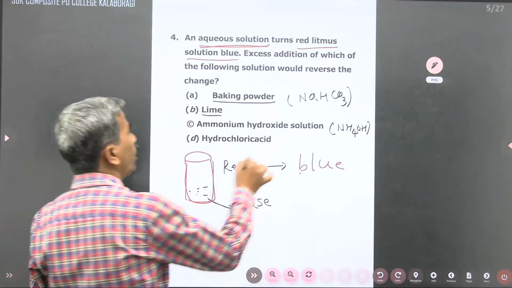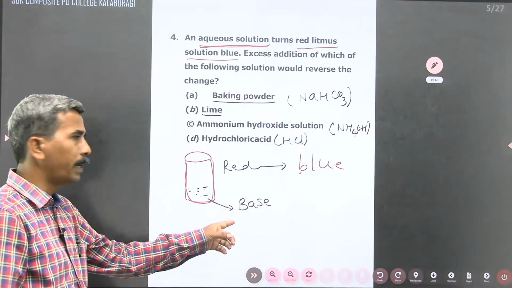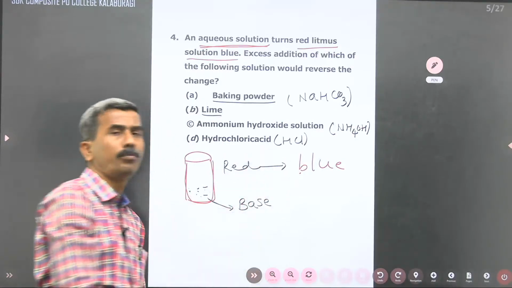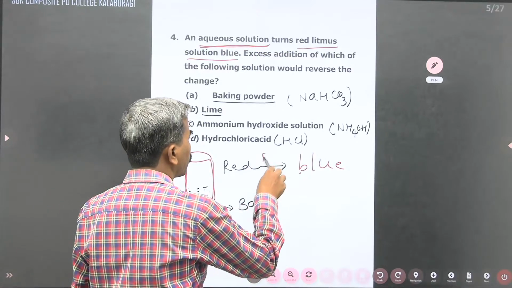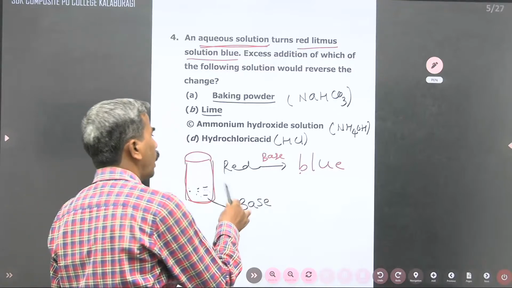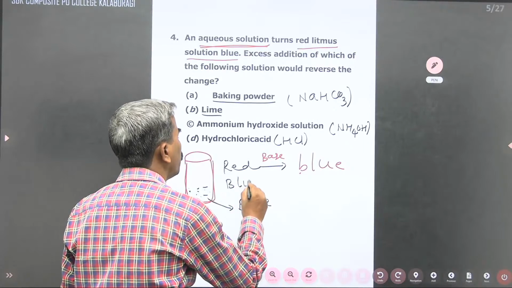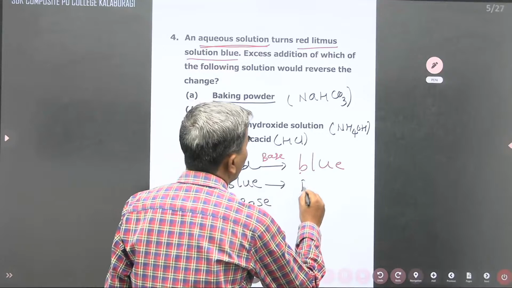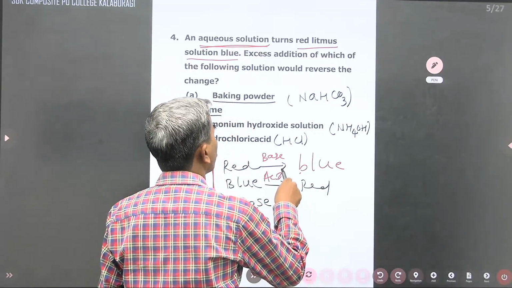Now, hydrochloric acid, HCl. This solution is a base, and a base turns red litmus paper blue. Suppose I want to reverse it, converting blue litmus paper into red, then the solution must be acidic.